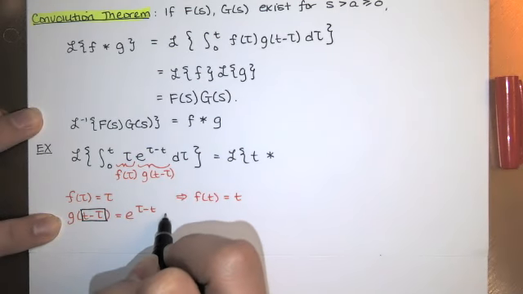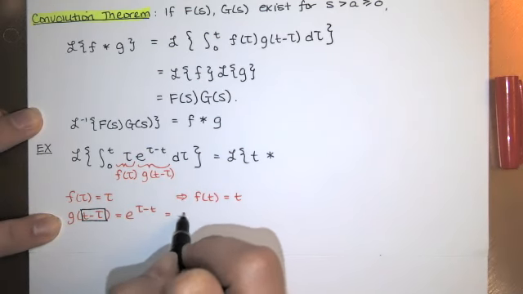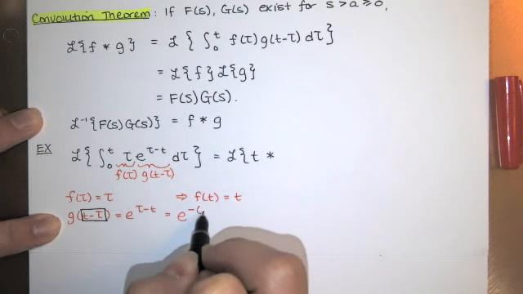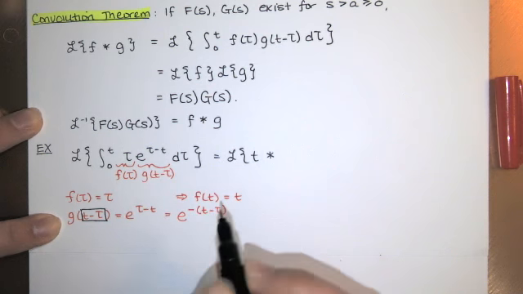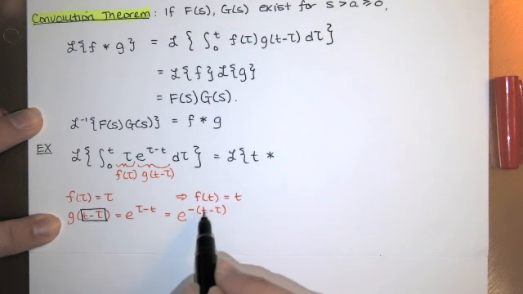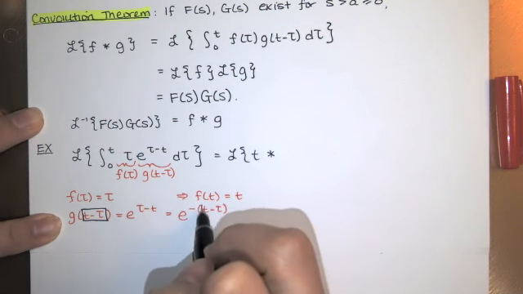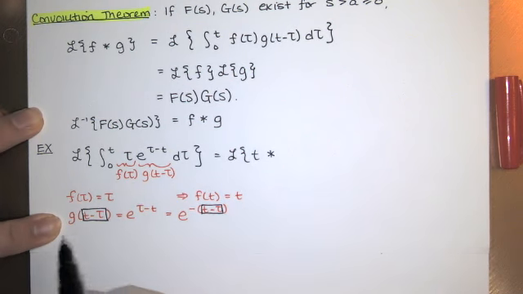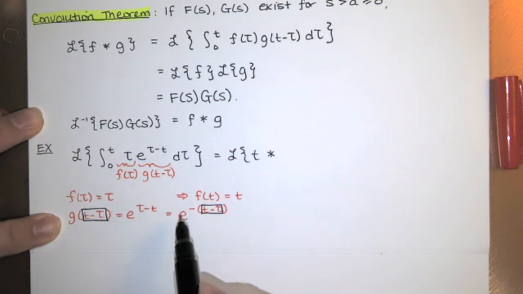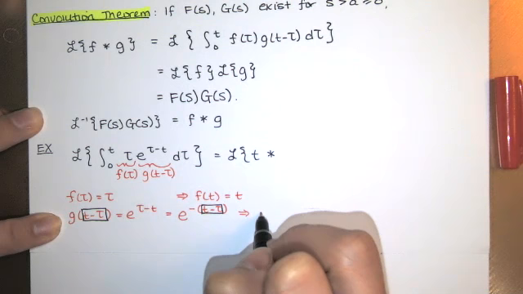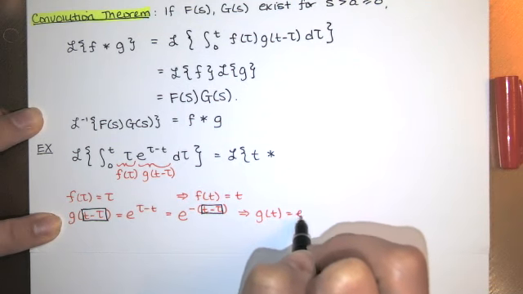So e to the tau minus t is -1 times t minus tau. -1 times t is negative t. -1 times negative tau is positive tau. And we've got that. So when I think of this as an input-output machine, I'm saying g of some input is e to the negative of that input. So g of t must be e to the negative t.